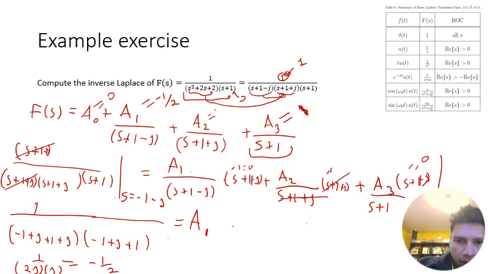This one cancels, and then this one becomes 0. So this becomes a2, and now we need to plug in negative 1 minus j plus 1 minus j, right? Wait, hold on. We're doing a2, so plus j, and so there should be a plus 1, plus j here. Yes.